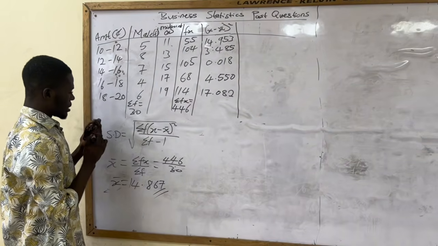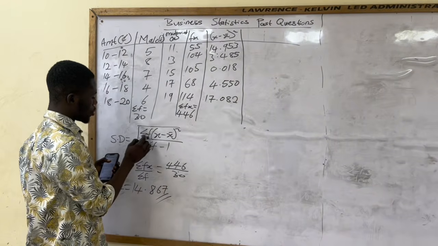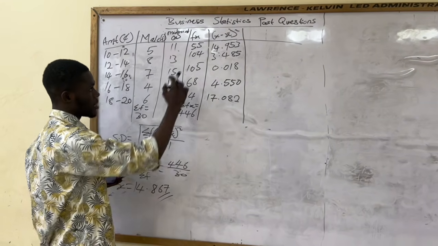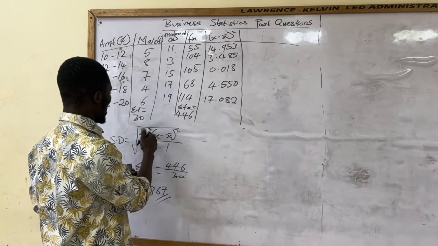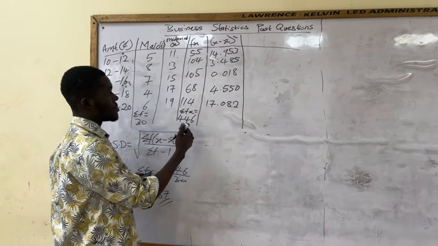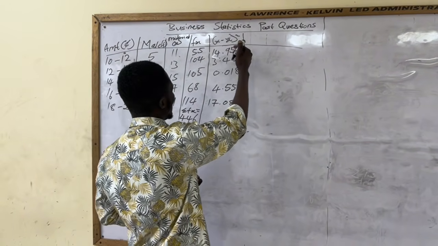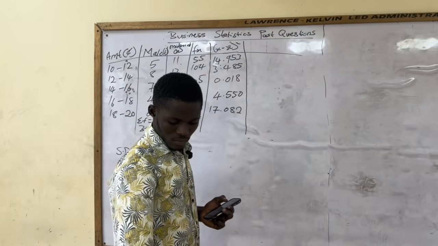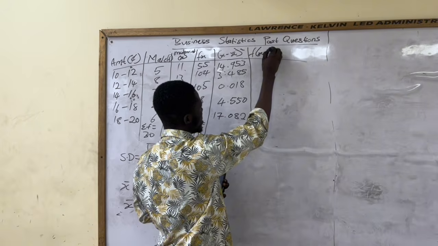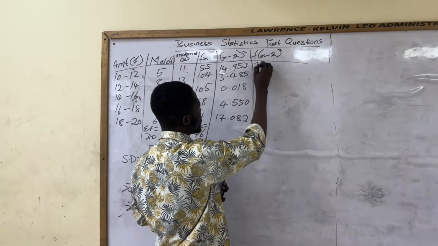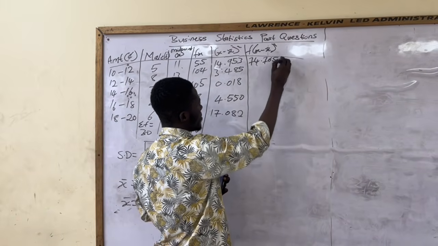Okay, now we need to multiply this by the f, which is the frequency, because we have sigma f times x minus mean all squared. After that, we sum all. So f multiplied by x minus mean all squared: 5 multiplied by 14.953 we will get 74.765.